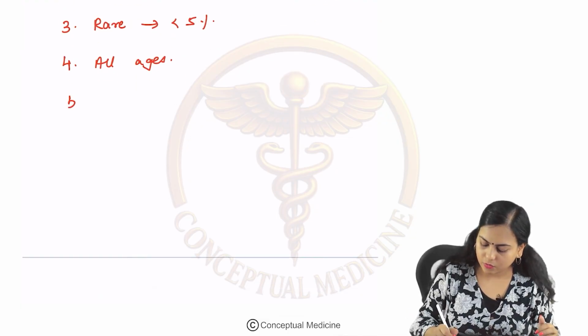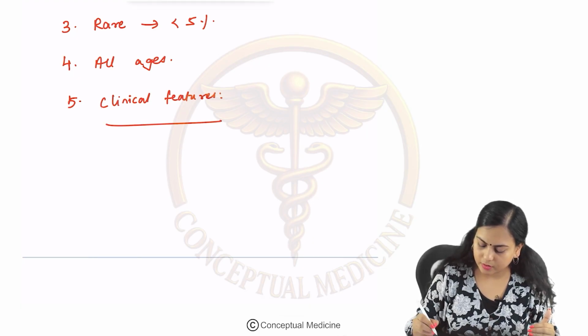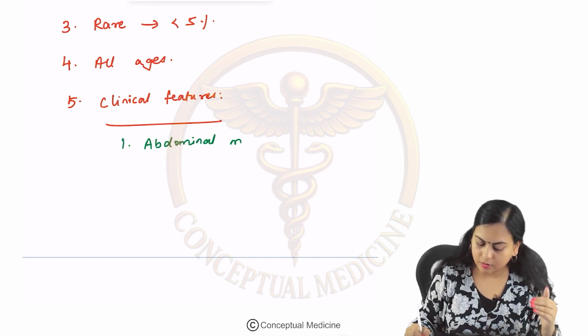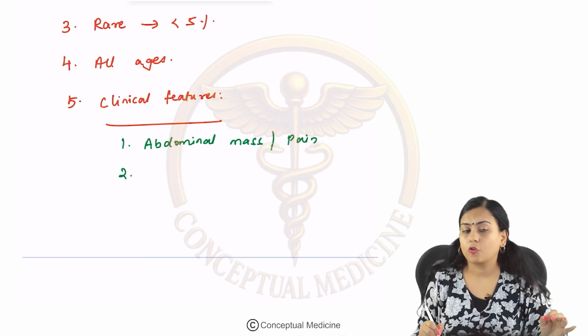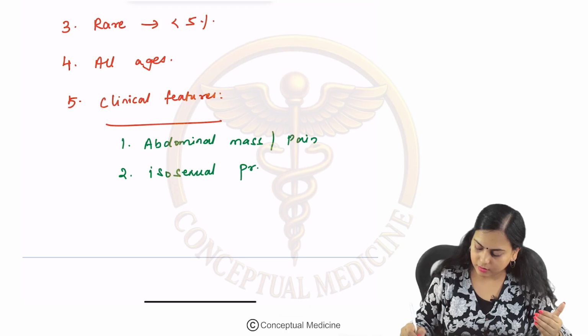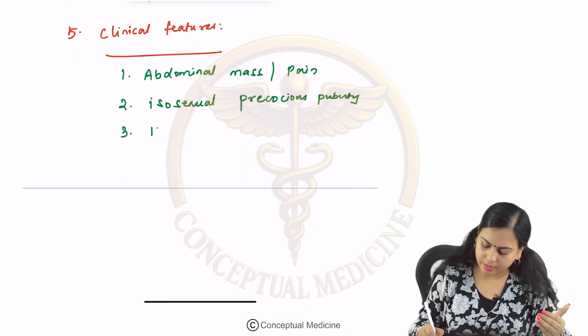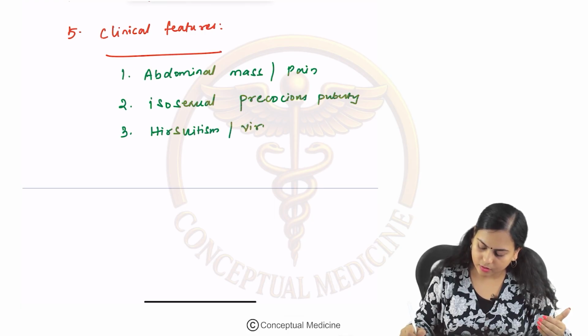So, what clinical features will you expect? Clinical features will include abdominal mass or pain. Then, since they are hormone producing tumors, there can be isosexual precocious puberty, or because of the androgen, there can be hirsutism or virilization.